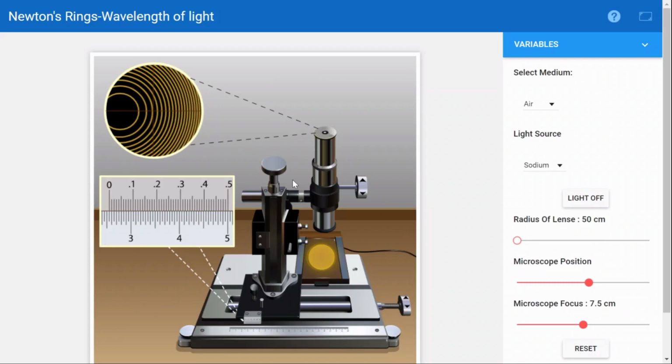And in this equation, what is P? P is nothing but the difference between the order of rings. So over here, P is equal to 2 because we have taken the first ring and the third ring. So P is equal to 3 minus 1, that is P is equal to 2.